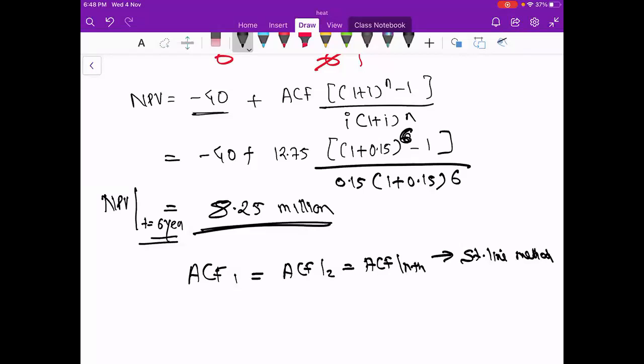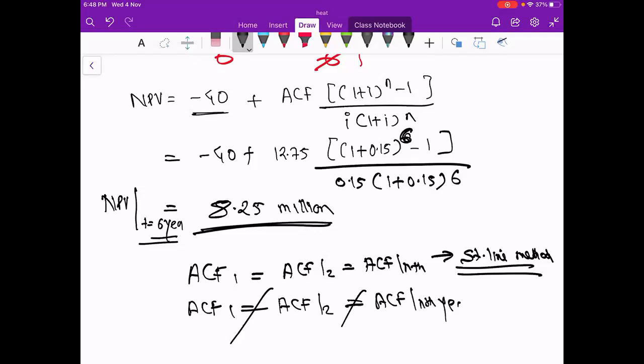Other than the straight line method, ACF of 1 is not equal to ACF of 2, is not equal to ACF of nth year, because only for the straight line method is the d value the same. We have calculated d by every method, so we have seen that ACF is different for different methods.